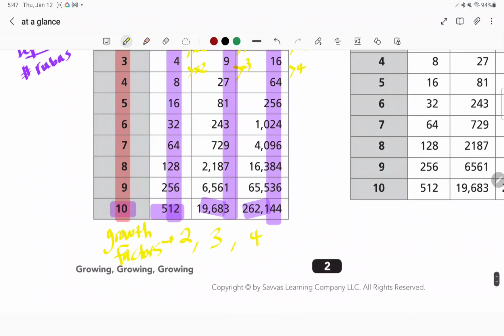If you think about the equations, the first one would be r equals 2 to the s minus 1. The second one would be r equals 3 to the s minus 1. And the last one would be r equals 4 to the s minus 1. On all of these, your growth factor is going to be that base.